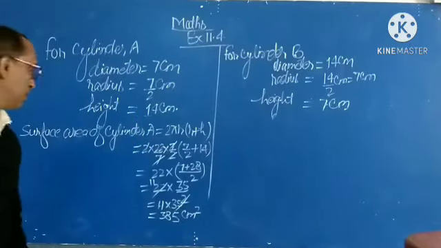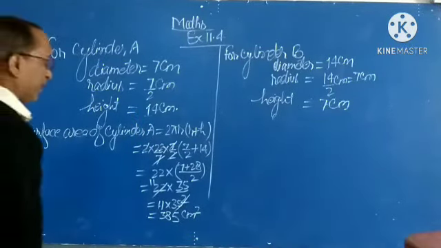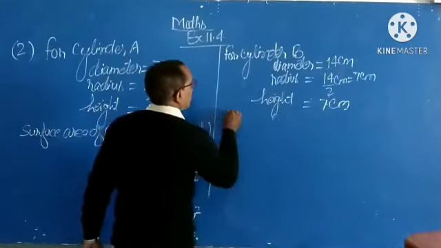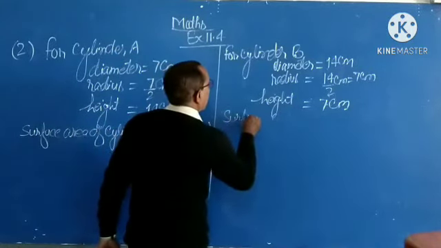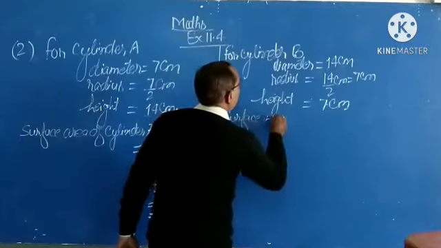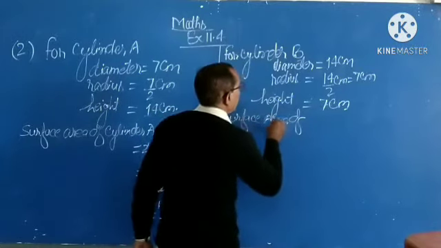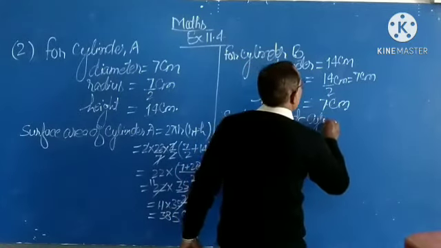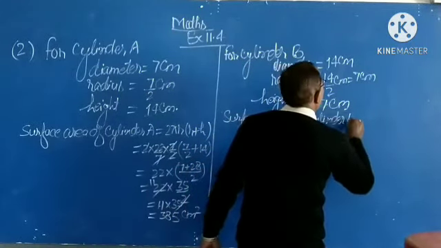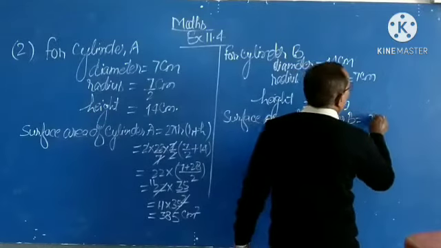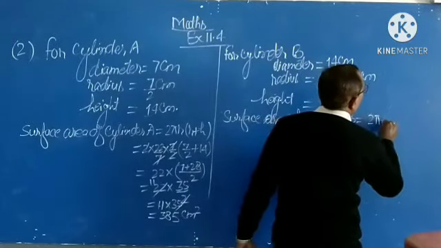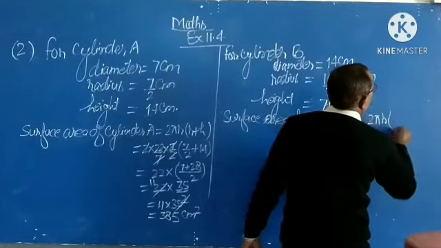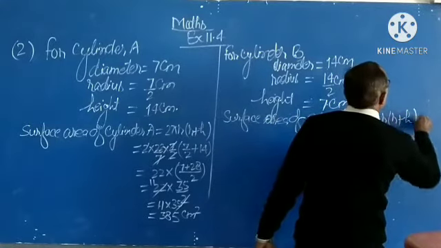This is the total surface area of cylinder A. Then you find out surface area of cylinder B, that is 2 pi r in the bracket r plus h.